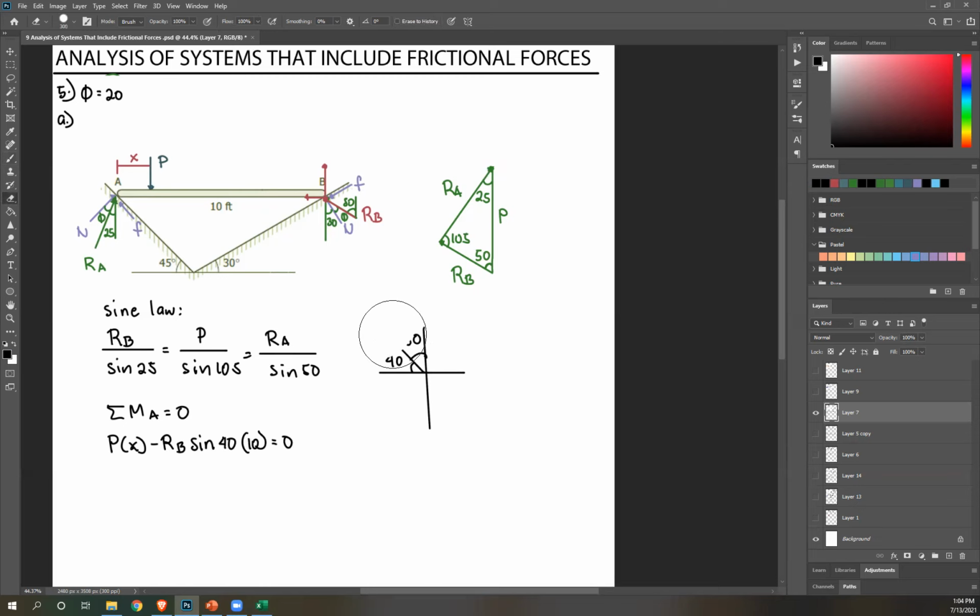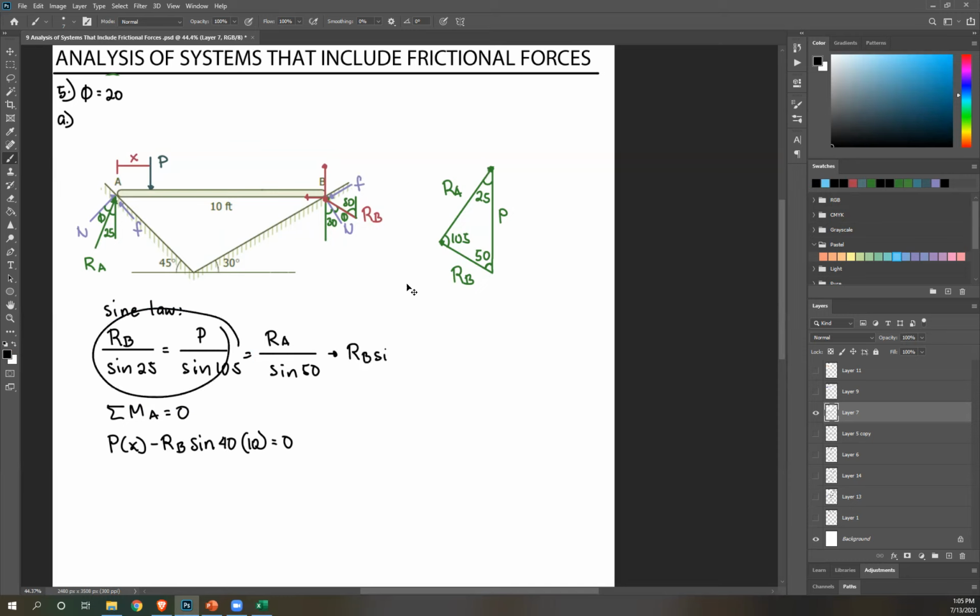Okay, and then we have two unknowns here, but I can use this equality to solve for x. So we're writing this: RB over sine 105 equals P over sine 25. So consider this as your equation 1.